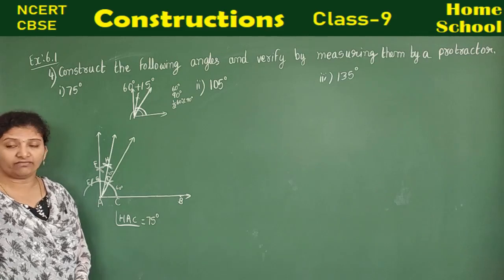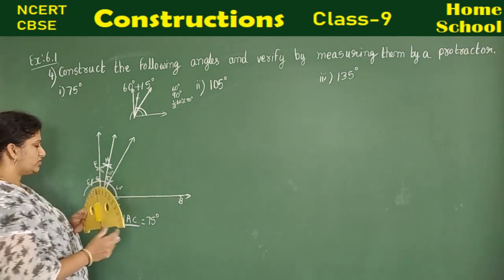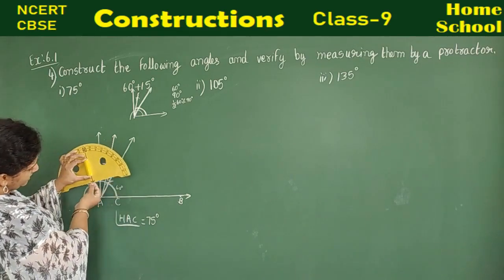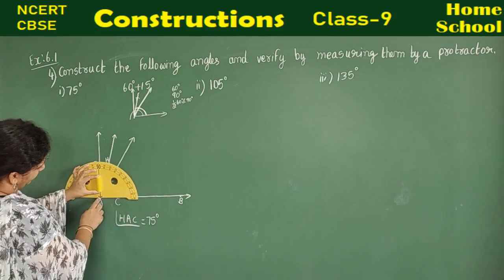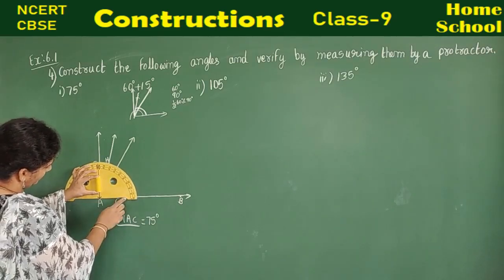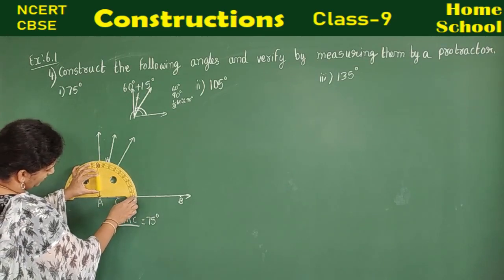But what did they give in your question? Check with the protractor. So take the protractor and try to keep this arrow mark at the point A, right? And this line should be here, right? So look here carefully.